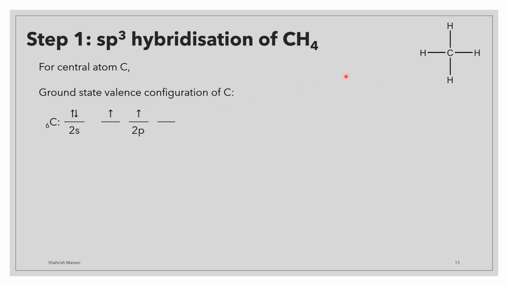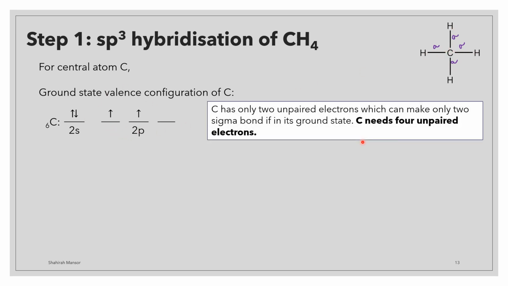Tetapi kalau awak lihat pada this Lewis structure, carbon has formed 4 single covalent bondings with hydrogen. Okay, so in order to get this structure, carbon mesti mempunyai sebanyak 4 single electron untuk membolehkan carbon melakukan covalent bonding dengan hydrogen. But now kita ada 2 sahaja single electron. So in real, sebenarnya carbon needs 4 unpaired electrons in order to form these 4 covalent bonding.